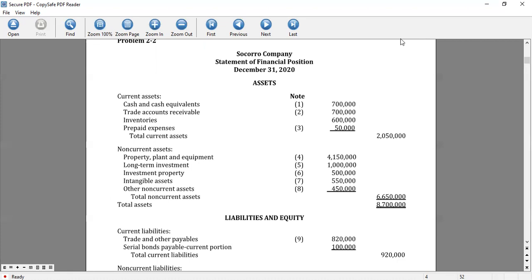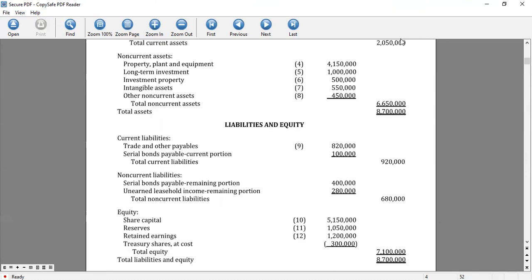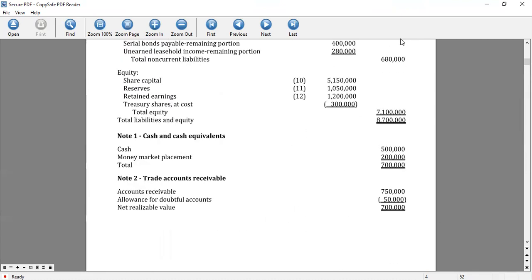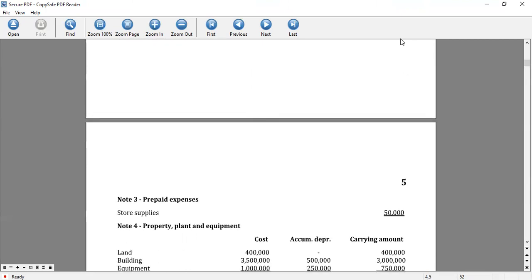Now, the non-current assets include property, plant, and equipment. Note number 3, we have store supplies. Note number 4, property, plant, and equipment. The land is 400,000, that's the carrying amount. Then the building of 3.5 million, less 500,000, is 3 million.